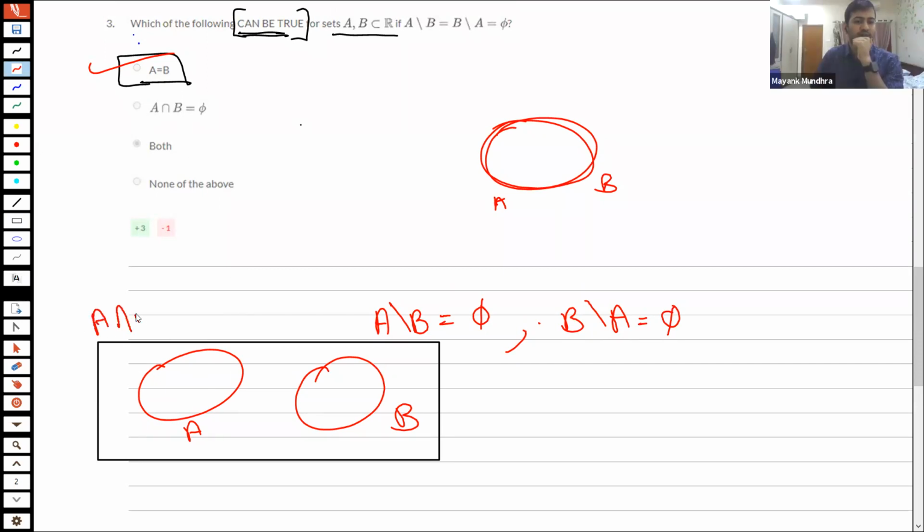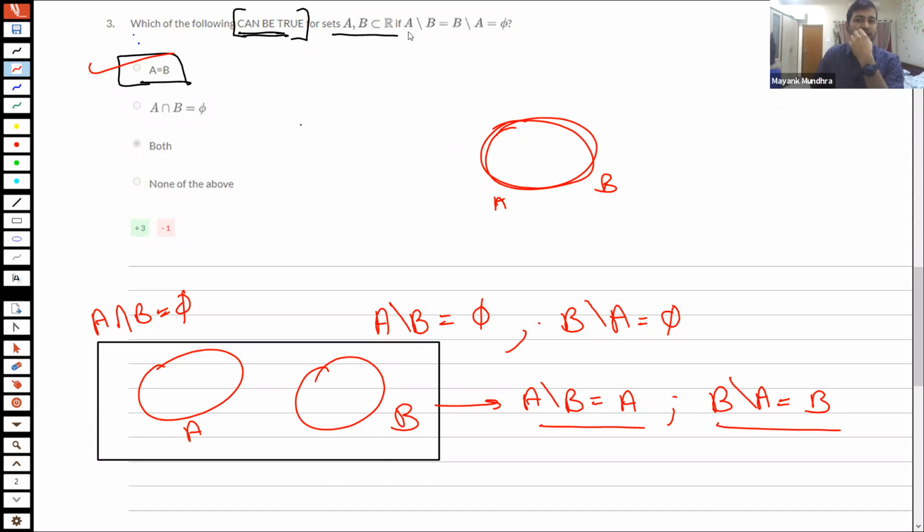So in this case, A minus B is equal to A, and B minus A will be equal to B. Both the set differences are giving the same set, so I'm not getting null sets. This is not necessarily true if this is the case.